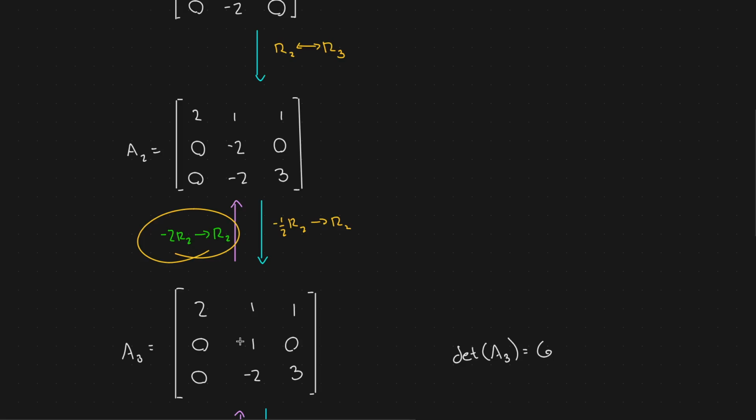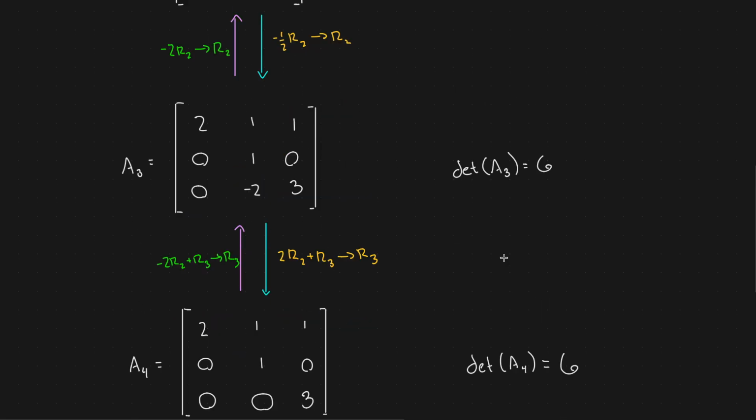If I multiply a row by a non-zero constant, the determinant gets multiplied by that constant also. So the determinant of my new matrix A2, which I can get to from A3 using this elementary row operation, I'm going to take the determinant of A3 and multiply it by -2. So I get -12, right? 6 times -2 is -12.